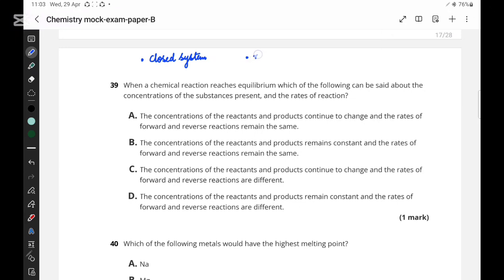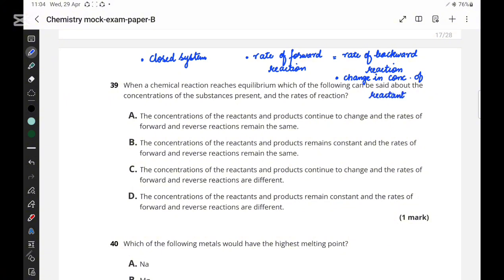And the second condition is that the rate of forward reaction becomes equal to the rate of backward reaction. And also, there is a condition that the change in concentration of reactant and product becomes zero.